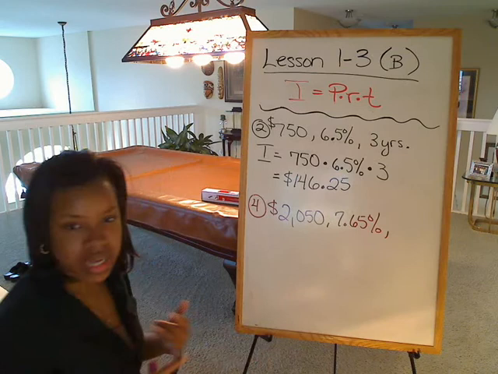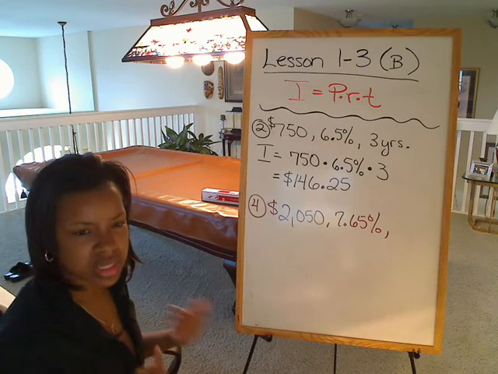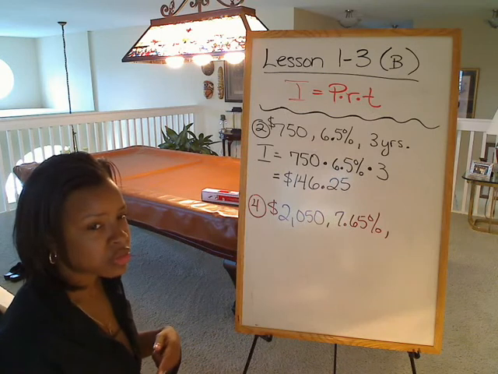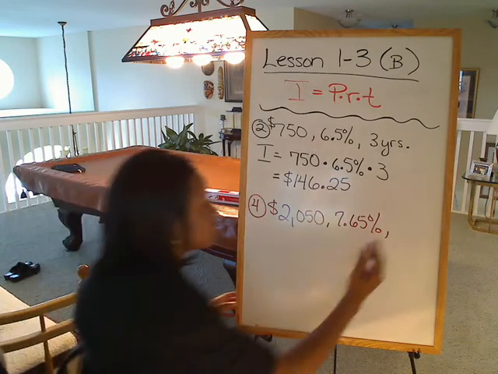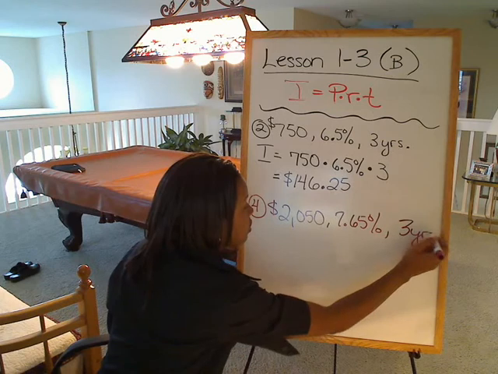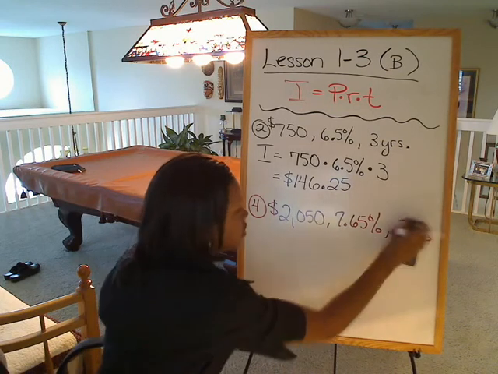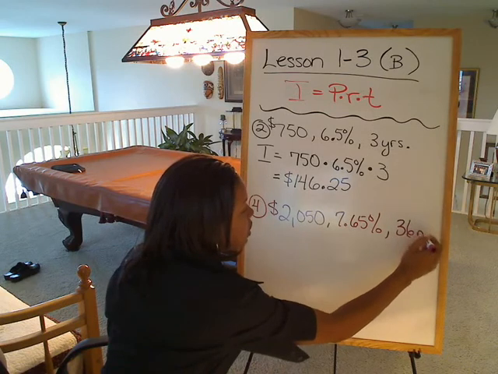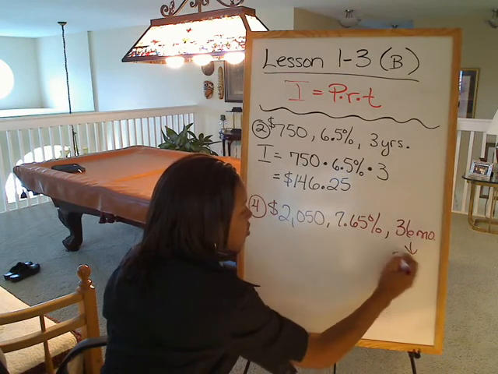Now remember, the time has to be in years. So 36 months is how many years? There's 12 months in a year, so 36 months would be 12 times 3, 3 years. And let me write this down so you don't get confused. 36 months came out to be 3 years.